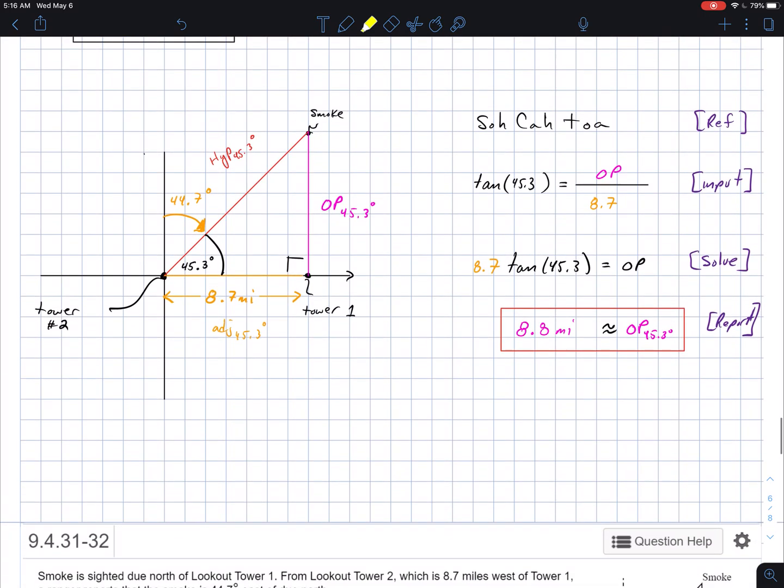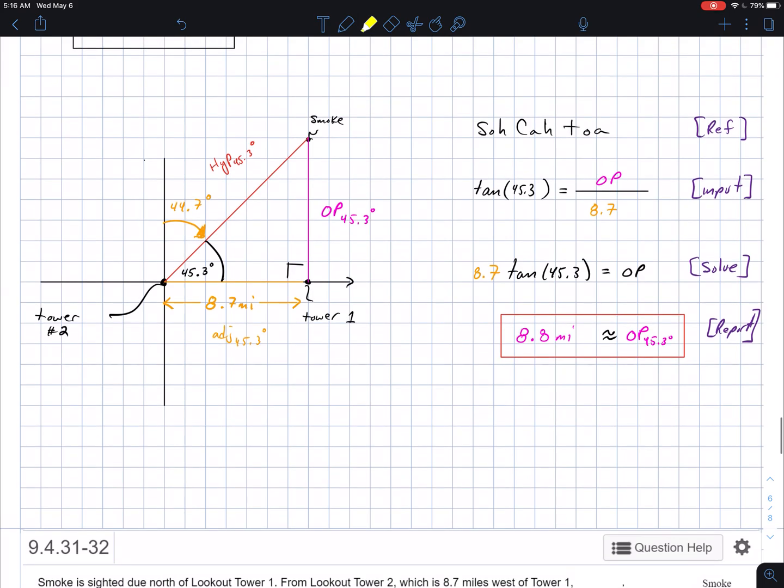Here we go. I drew it all out for you. And what I realized was the opposite and the adjacent had something to do with a piece that we needed, right? We needed that due north. That's opposite of the 45.3. So we used tangent again. We got two legs, right? Opposite over the 8.7.